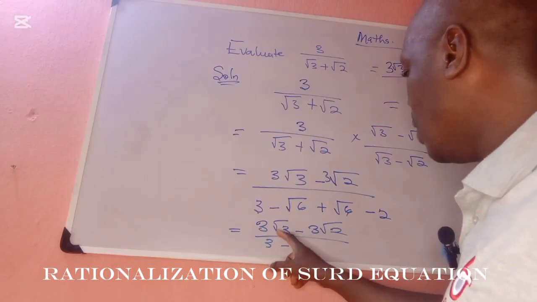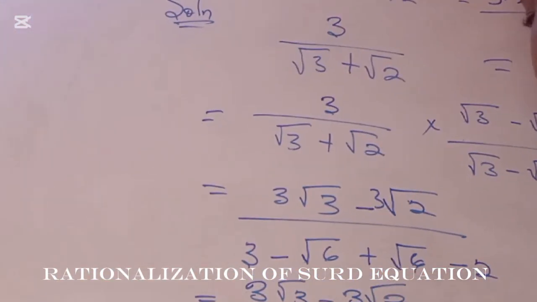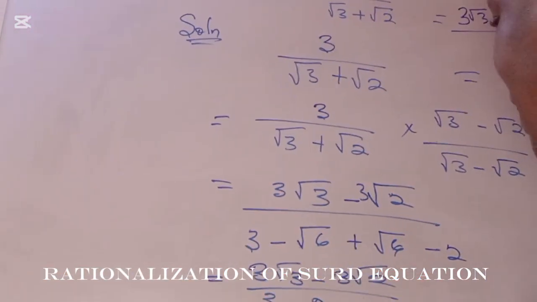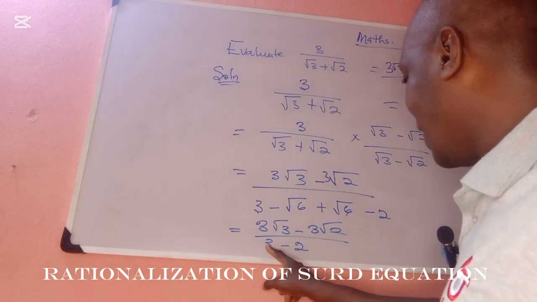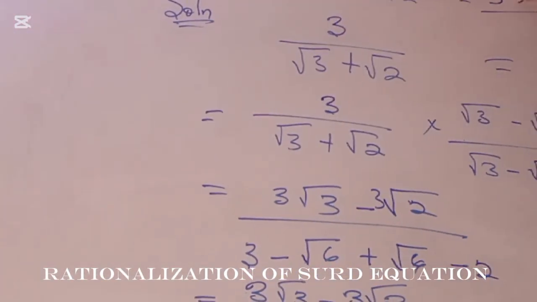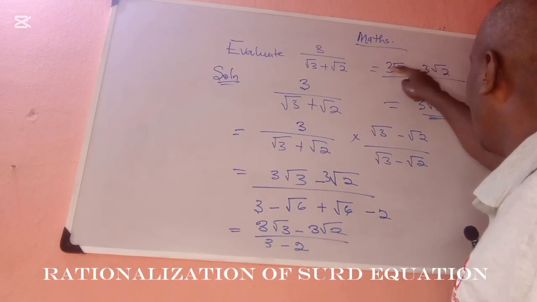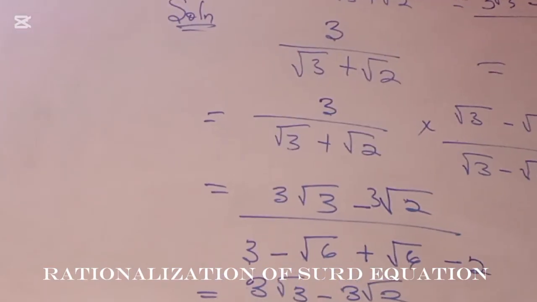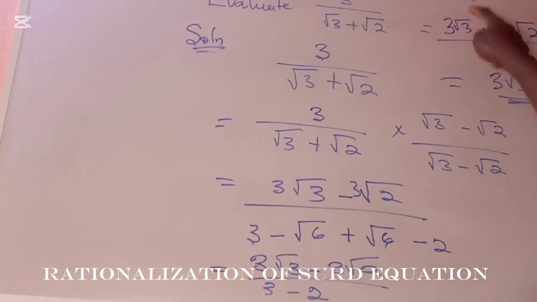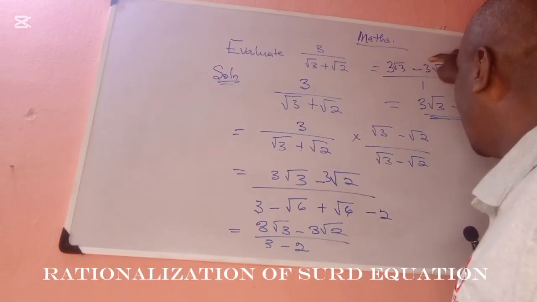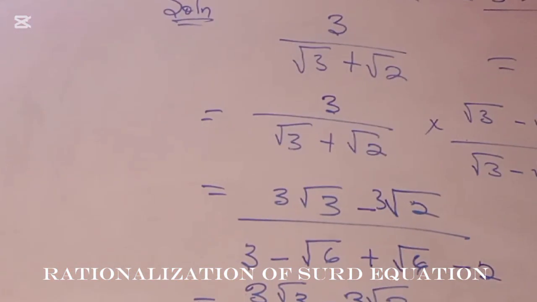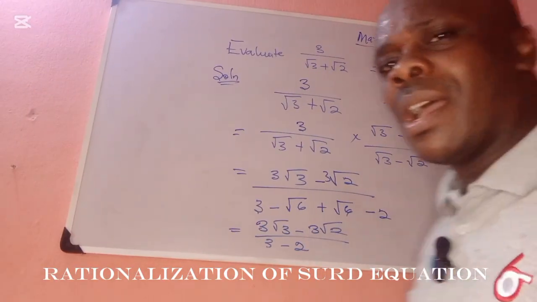We will now have 3 root 3 minus 3 root 2 in the numerator. When the root 6 terms go off, we are left with 3 and 2, so we have 3 minus 2, which is 1. Then divide both the numerator and denominator by 1. We now have 3 root 3 minus 3 root 2 as our final answer.